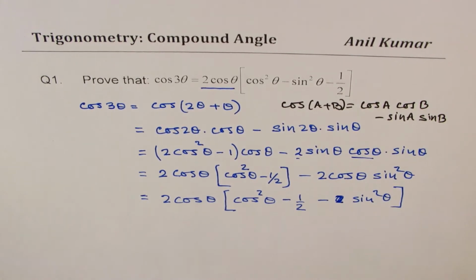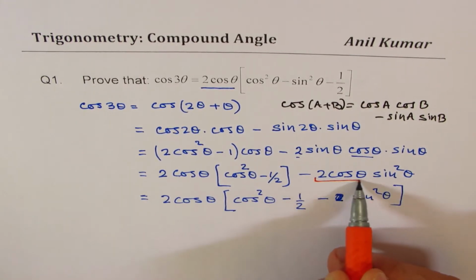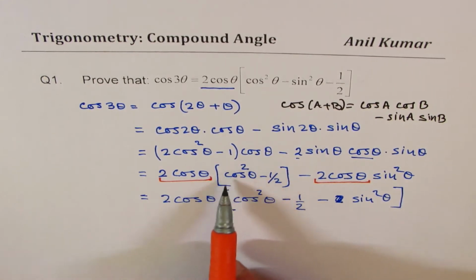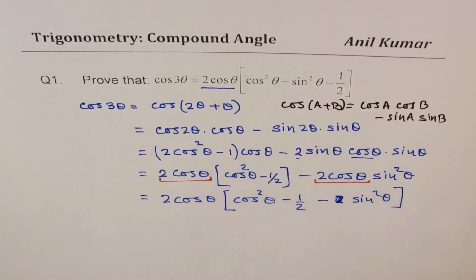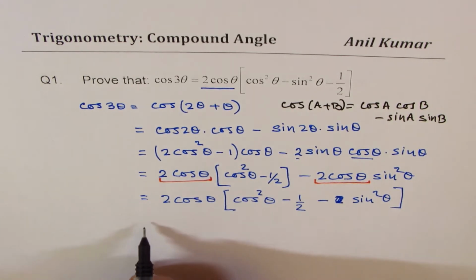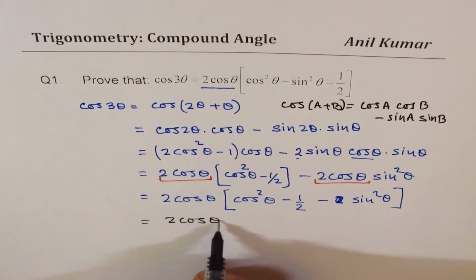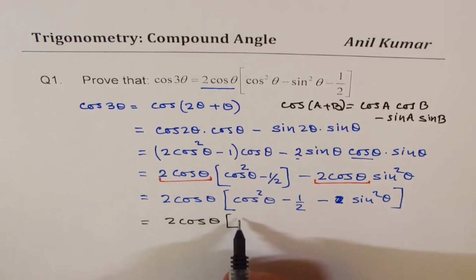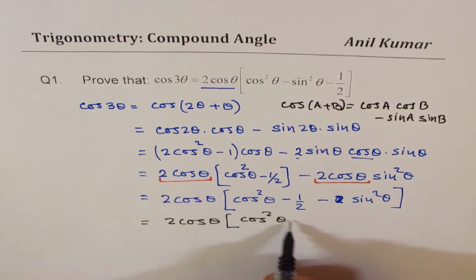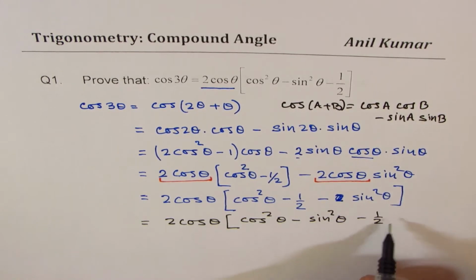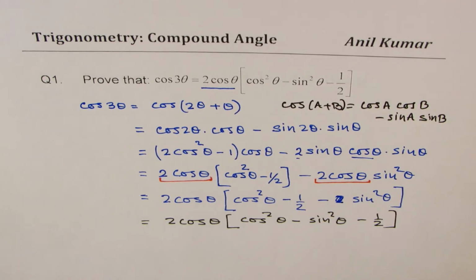So what we did was we factored this 2 cos theta. So we're left with all the terms inside. Now it's just a question of rearranging. So what we get here is the right side, which is 2 cos theta times cos square theta minus sine square theta minus half. Perfect. So that is how you're going to solve question number 1.